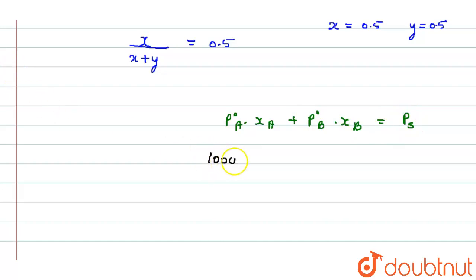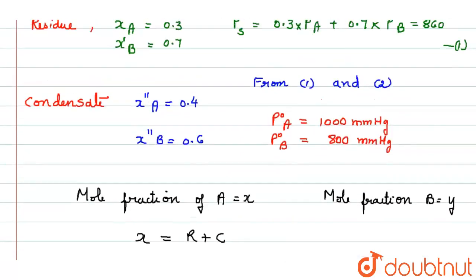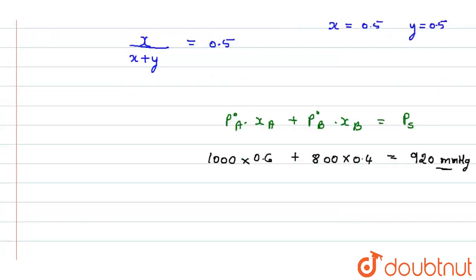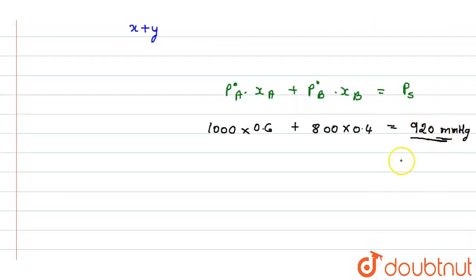XA in the condensate we know that it is 0.6, plus 800 into 0.4, which comes to be 920 mm Hg, because already it is given in the residue that the total pressure in the residue is 860. So total pressure in the condensate we calculated is 920 mm Hg.